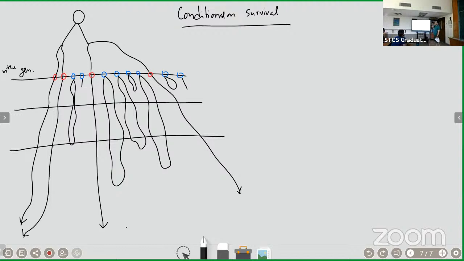The red points are connected to infinite trees below. Blue points have only a finite tree below, in each generation.